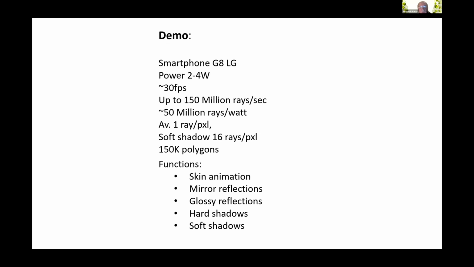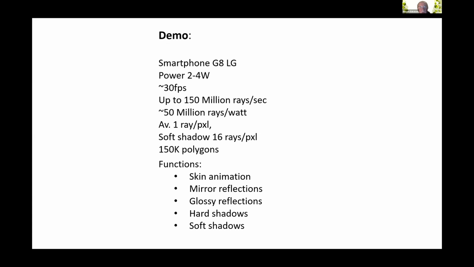The amount of rays per watt is very high. We have about 50 million rays per watt. If you compare it with the big hardware ray tracing accelerators, this is completely on a different level. We're using about 1 ray per pixel on average, but for soft shadows, ambient occlusion and things like this, we're using 16 rays per pixel.